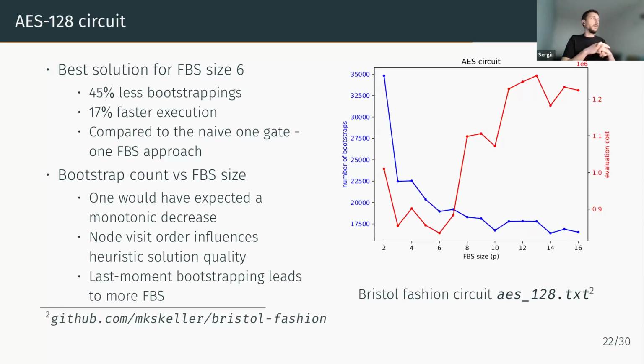You can imagine you have a gate which has a huge fan out. If you bootstrap this gate, you'll save subsequent bootstrappings. But if you don't bootstrap this gate because your functional bootstrapping allows you to execute it like a linear combination, then you'll pay the price because subsequently you will need to bootstrap each fan out of this gate. So this is the drawback of the greediness of our heuristic.